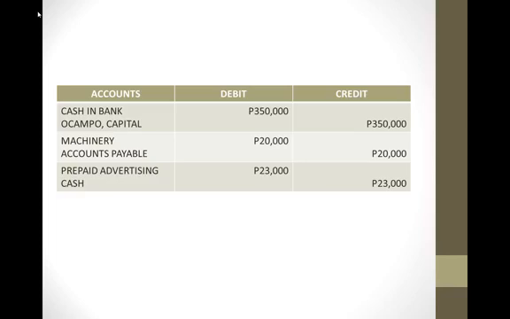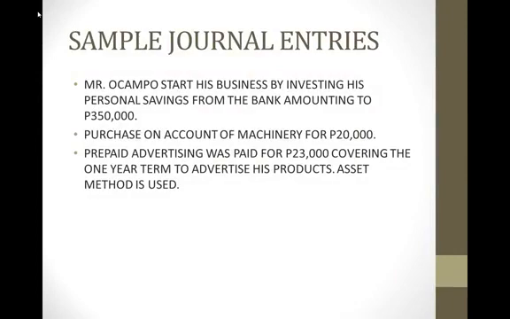And then the third asset account is the prepaid advertising, because the method is specified in the transaction. Now, as you can see, cash is credited because the word paid was used. So, when the transaction says paid, cash was involved.